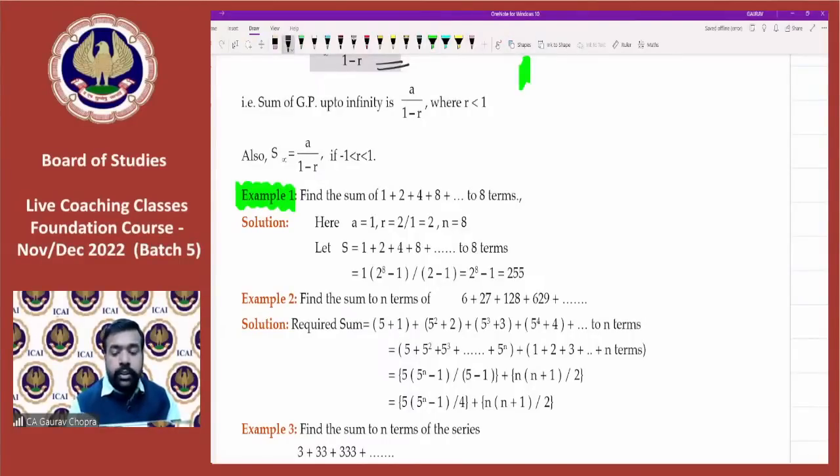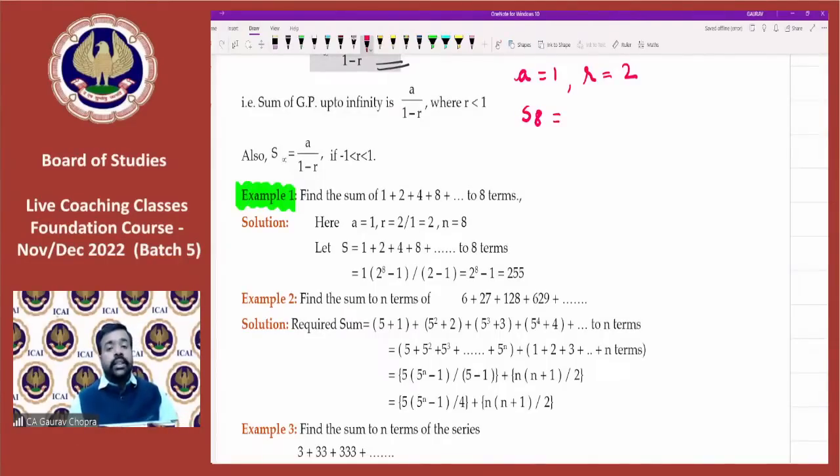The first term is A. The first term is 1. And what is the common ratio? The common ratio is 2 upon 1, that is 2. 4 upon 2 is also 2. 8 upon 4 is 2. So the common ratio given is 2. Then we have to calculate the sum of 8 terms.